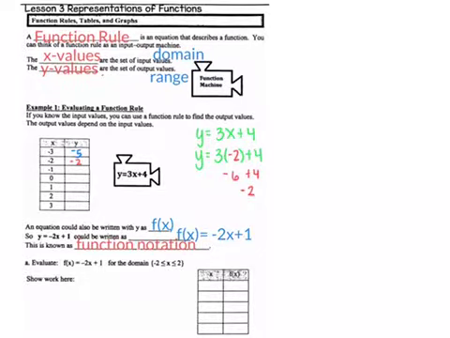And then I'm going to clear this out and try the next input value. The next one that I want to input is a -1. So when x is -1 and I solve this, I get a +1 as my output value. When I try 0 for x, I end up getting a 4 for my output value.